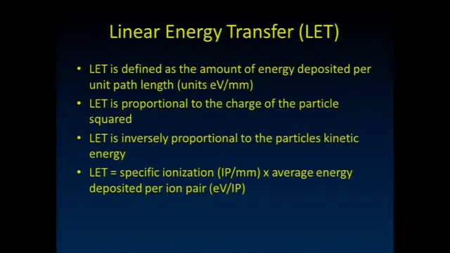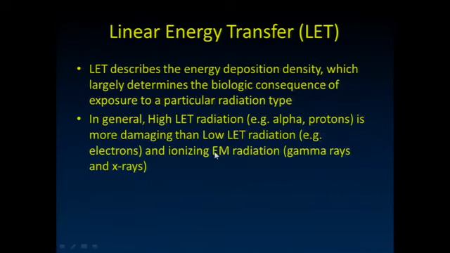It just so happens that the more kinetic energy it has, the faster it's moving, let's say, the less likely it is to interact. And LET is calculated by the specific ionization, say ionization pairs per millimeter, times the average energy deposited per ion pair. So the ion pairs cancel out, and you end up with electron volts deposited per millimeter of tissue traveled.